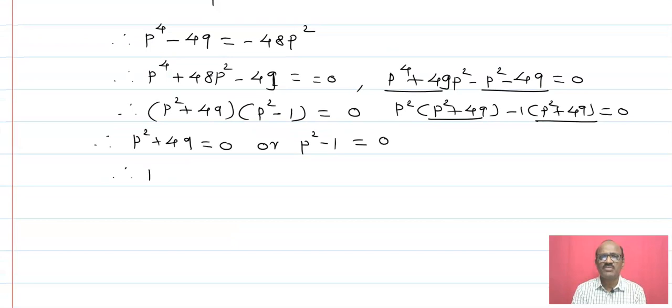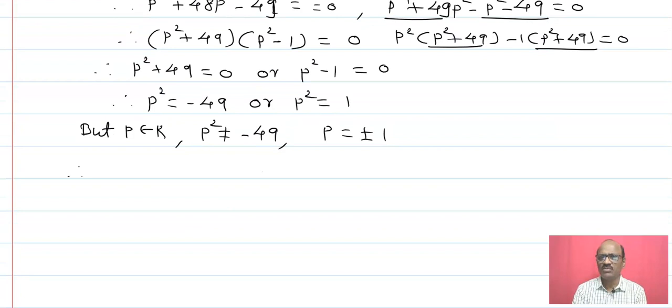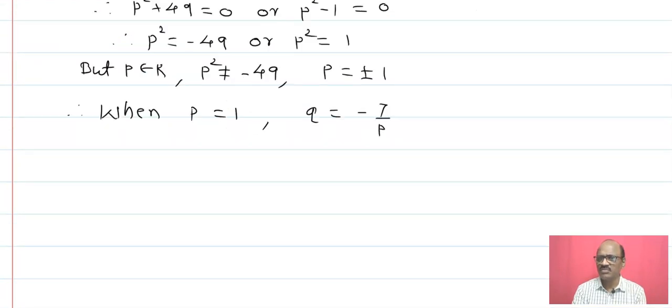Therefore, p square plus 49 is equal to 0, or p square minus 1 is equal to 0. Therefore, p square is equal to minus 49 and p square is equal to 1. But again, p belongs to the set of real numbers, so the value of p square cannot be minus 49. Therefore, p is equal to plus or minus 1.